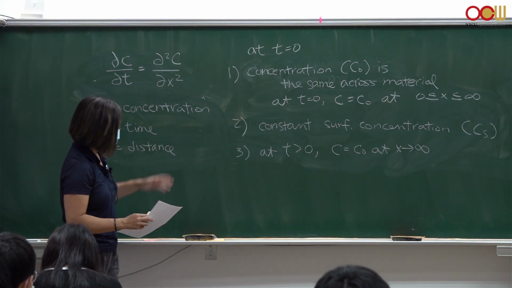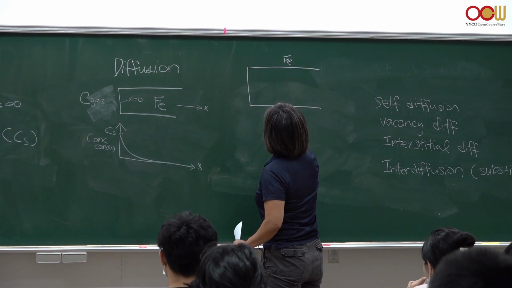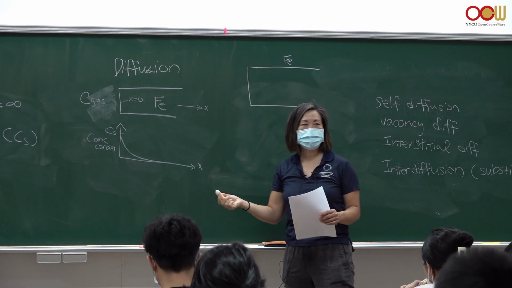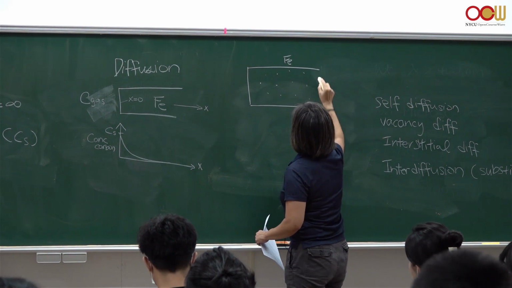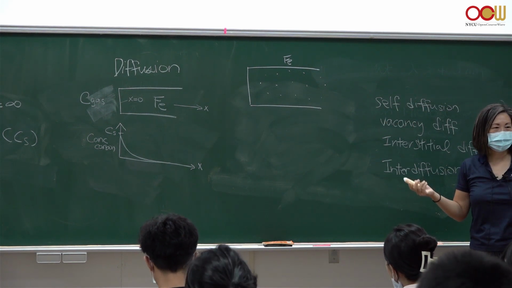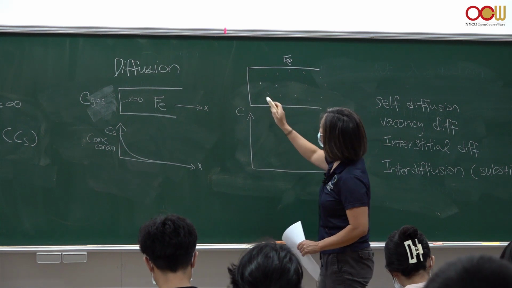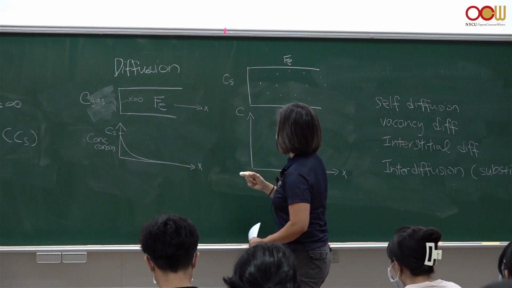So I'll show you schematically what this means. You have a bar of iron, and you have some initial concentration of carbon within the material. So maybe you have a few carbon atoms in there just from impurities, it already exists. And then you have a surface concentration of carbon that's constant.